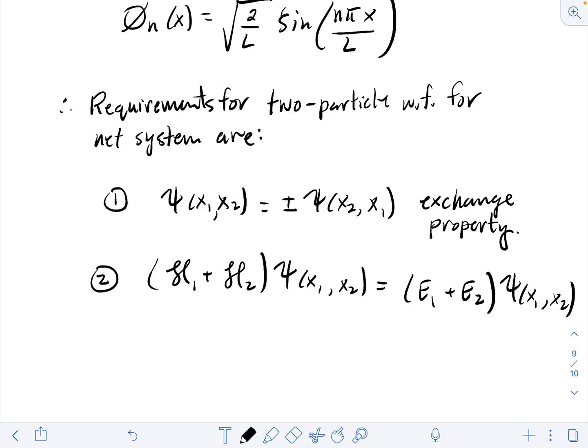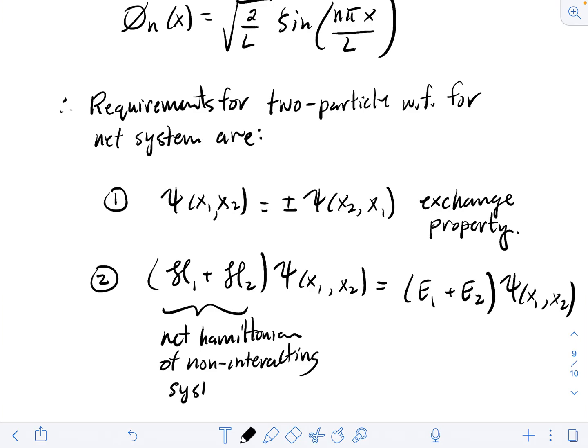And so above we said particle 1 was in energy state EA and particle 2 was in an energy state EB. Okay, so this is the net Hamiltonian of a non-interacting system. So we're not considering any kind of potential energy between the two particles.